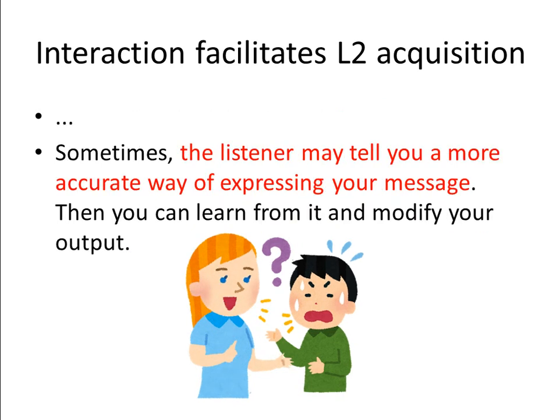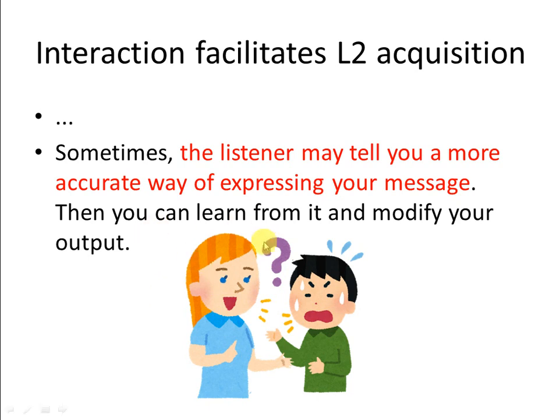And also, if you say something in the wrong way, the listener may tell you a more accurate way of expressing the same thing. So you say something in the wrong way, and she gives you the correct way of saying that.